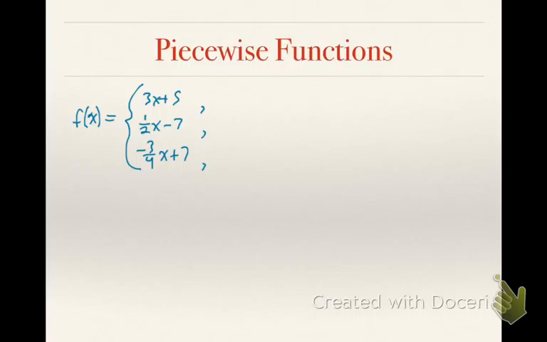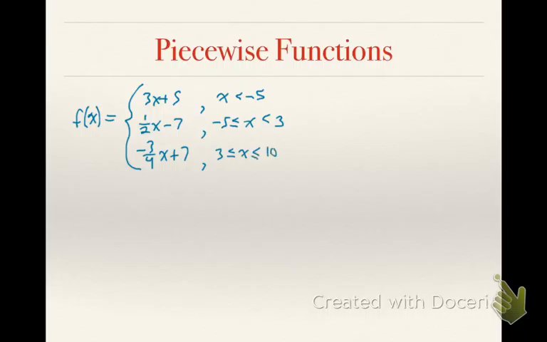For instance, this 3x plus 5 might be used for the domain x is less than -5. The 1/2 x minus 7 might be all the values from -5, including -5, all the way up to maybe 3. And then the last one might be between positive 3 and 10.